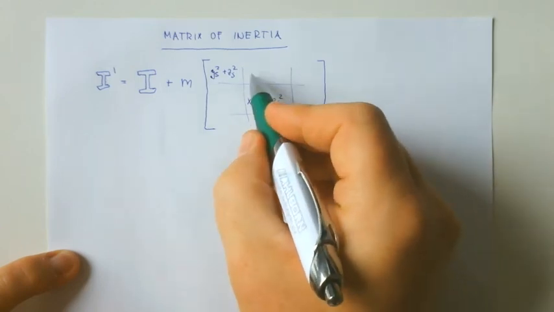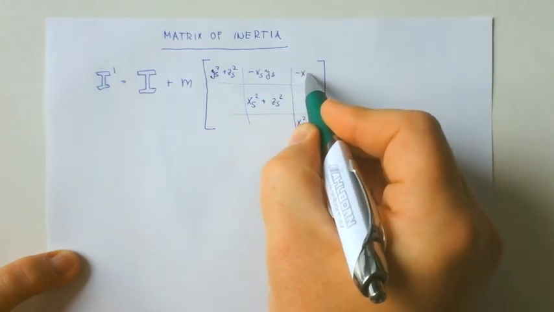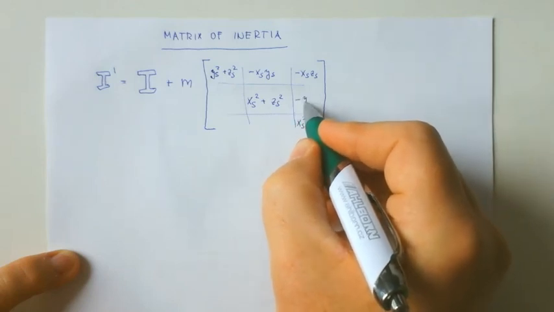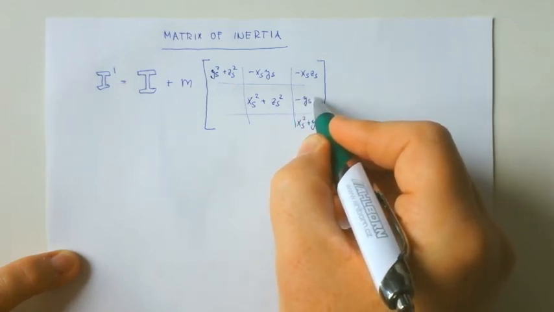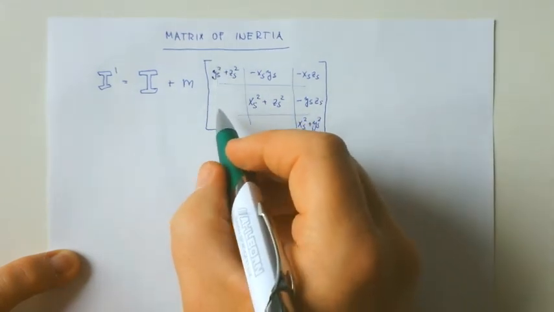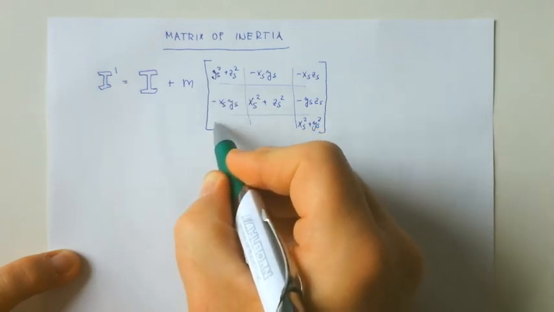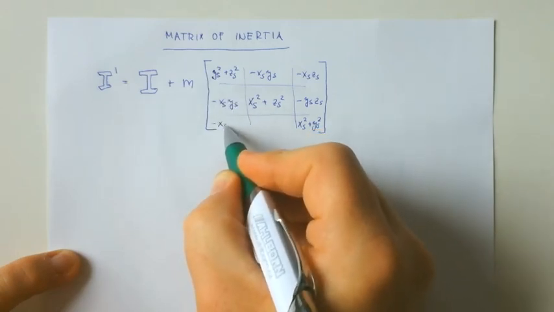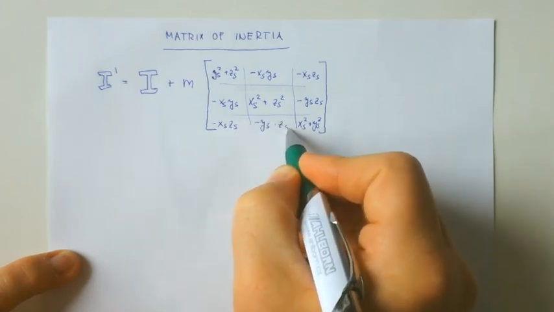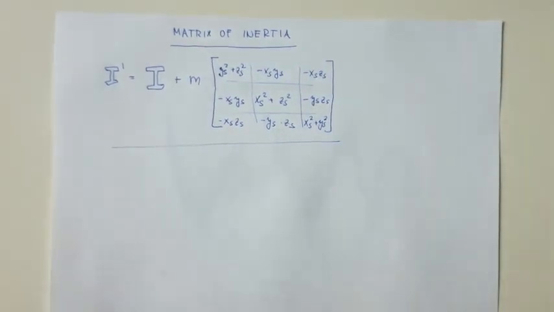And here there is minus xs ys, minus xs zs, and minus ys zs. And because this matrix is symmetrical, there is also minus xs ys, minus xs zs and minus ys zs. Okay, so that is the matrix form of the previous calculus.